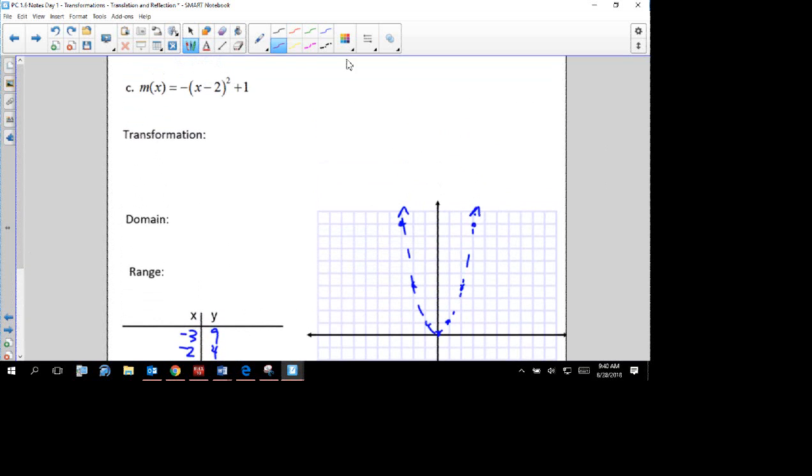All right, we're going to write our translations, or transformations. Anything that is being done to the original function is going to be a transformation. So we have my original function, the parent function, as just x squared. So the negative sign out front, the minus 2 inside, and the plus 1 at the end. Those are 3 different transformations.